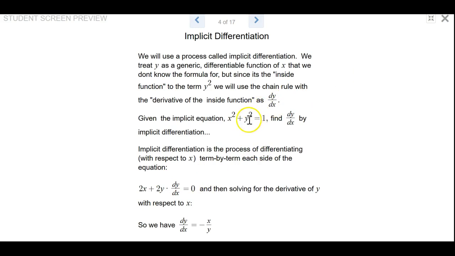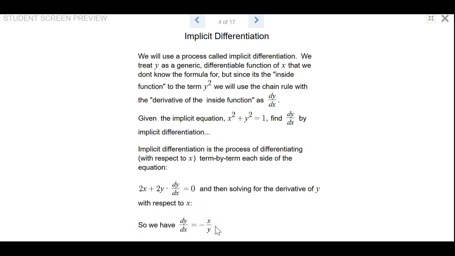So using the chain rule, the derivative is 2y, that's the derivative of the outside, times the derivative of the inside, which is dy/dx. And then the derivative of this constant term 1 is just 0. And then I'm going to solve for dy/dx, and my expression is minus x over y.